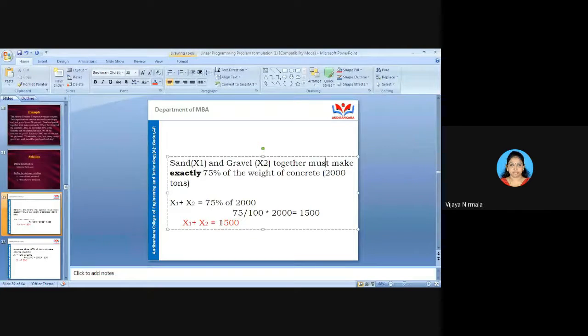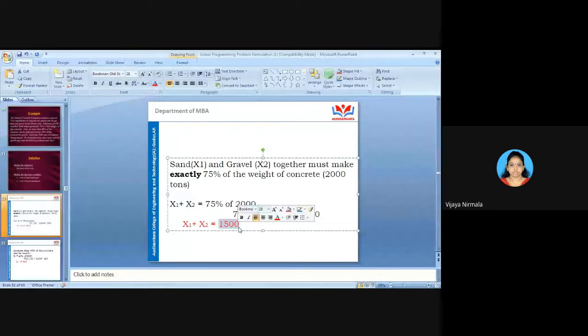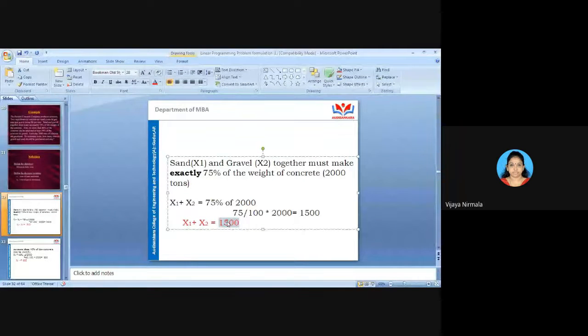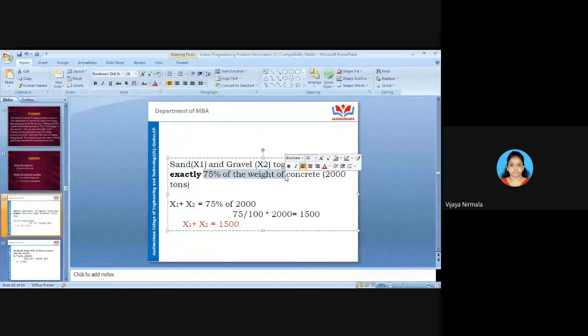So how did you get this 1500? The problem itself says 75% of the weight of concrete. So 75 divided by 100 into the weight given in the problem, 2000.